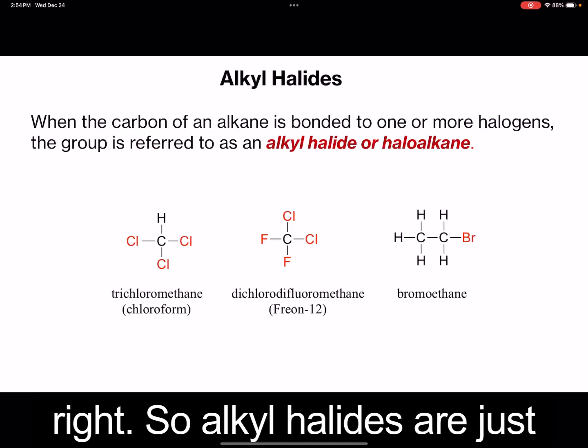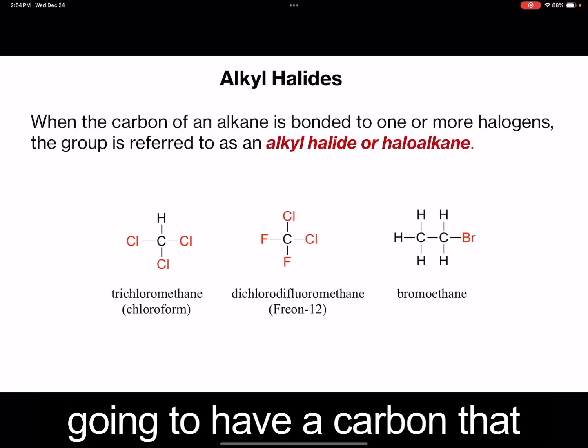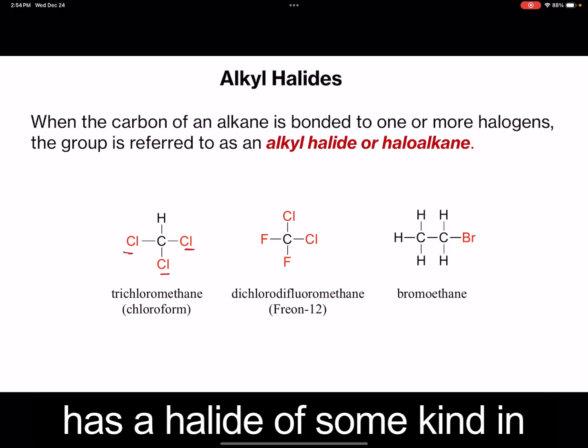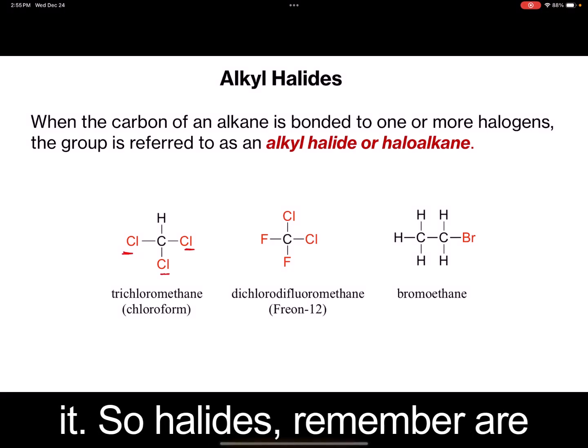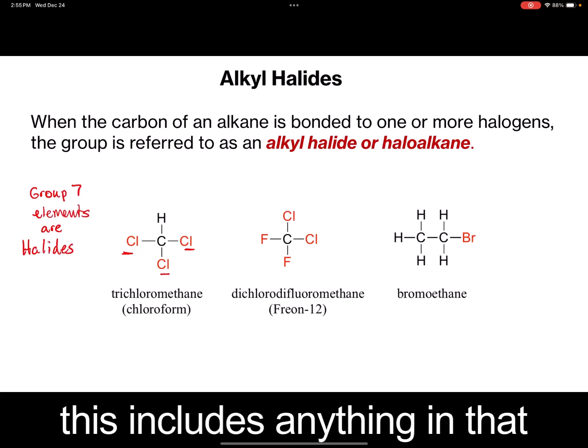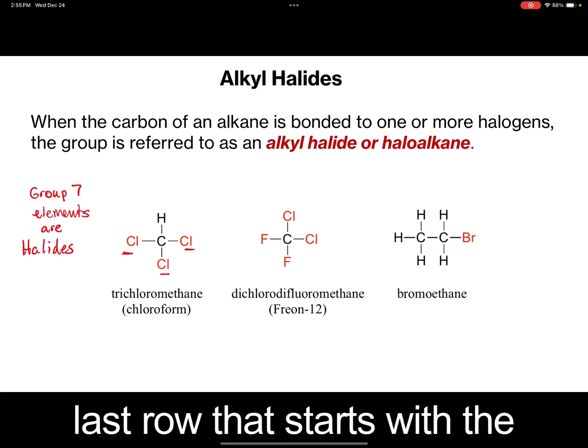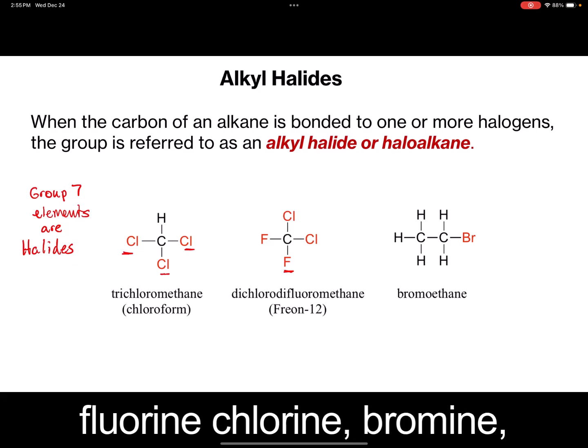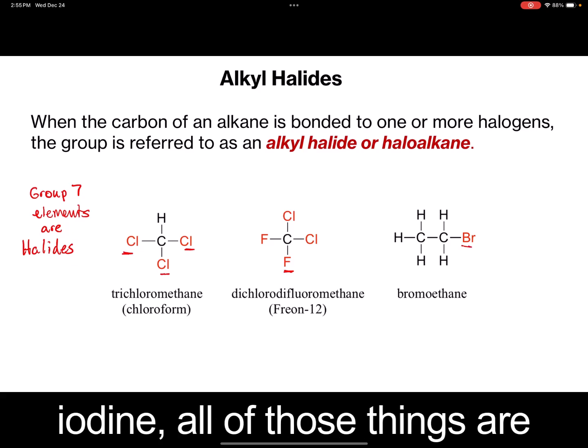All right, so alkyl halides are just going to have a carbon that has a halide of some kind in it. So halides, remember, are group 7 elements, right? So this includes anything in that last row that starts with fluorine and drops down: fluorine, chlorine, bromine, iodine.